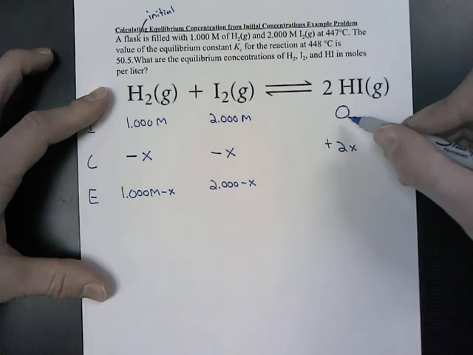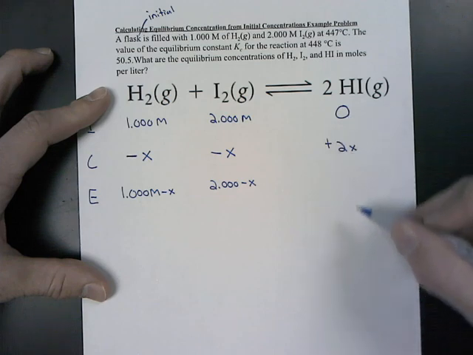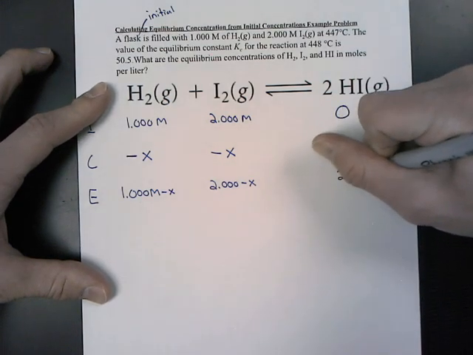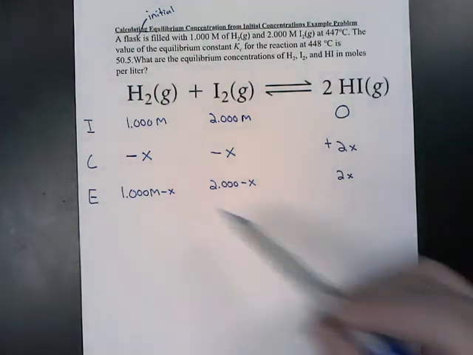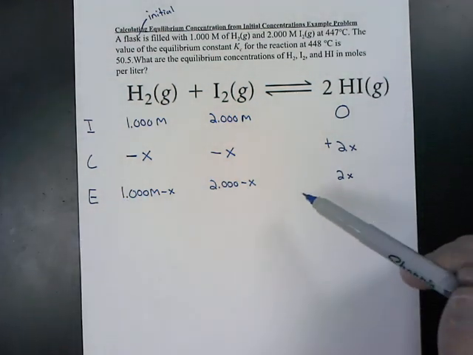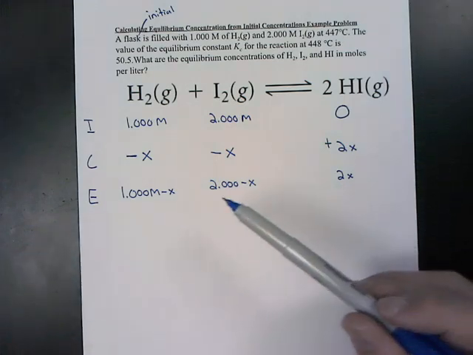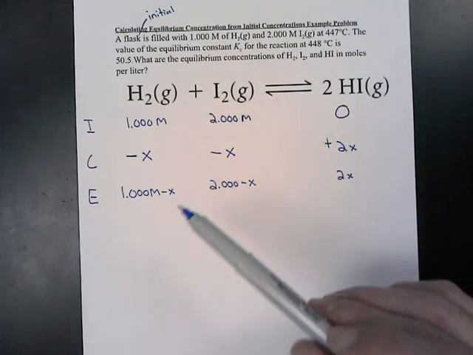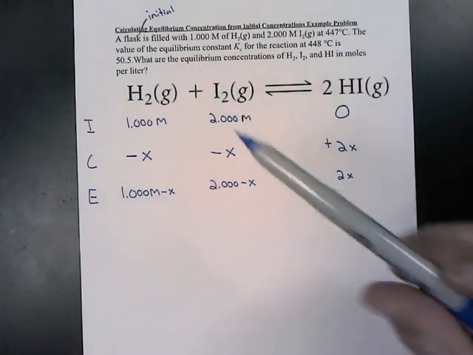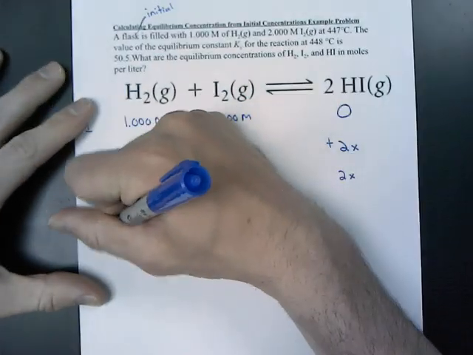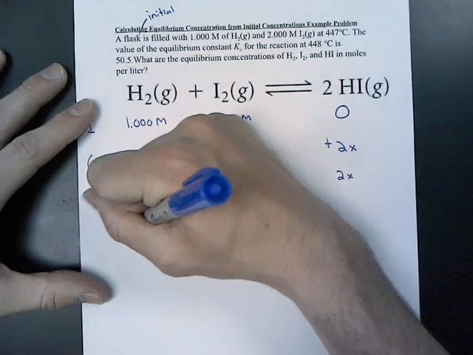And then at equilibrium, we add 0 plus 2x, so we get 2x. Typically what we would do, and we are going to do it here in a second, is plug the equilibrium values into our expression. So let's go ahead and write the equilibrium constant expression, Kc.